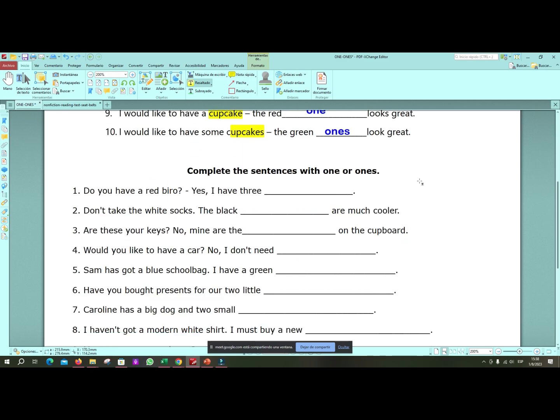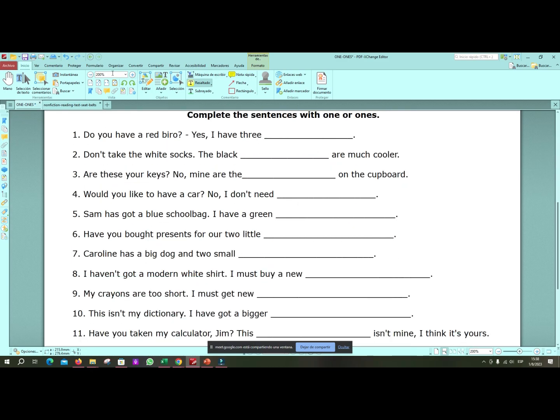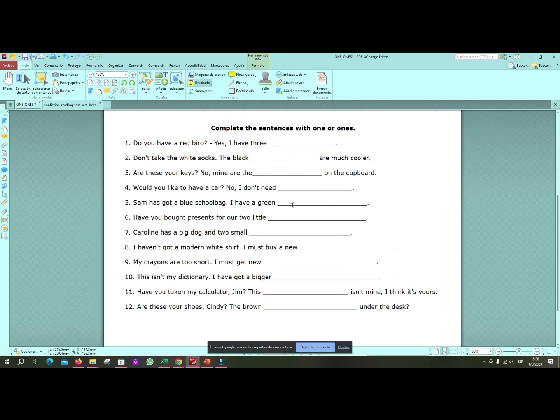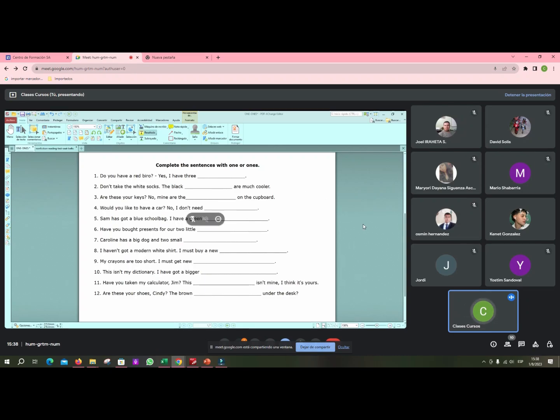So now, I guess you can work along a little bit. I want you to complete the sentences with one or ones. So guys, you're going to have 3 minutes to complete those sentences. Read them and try to choose the correct pronoun, one or ones. Okay?